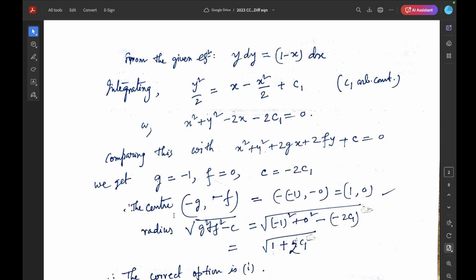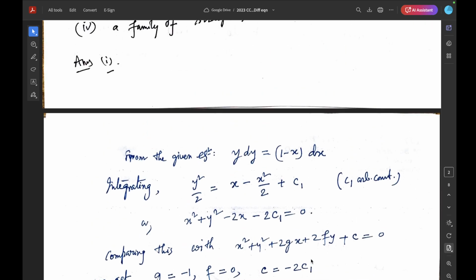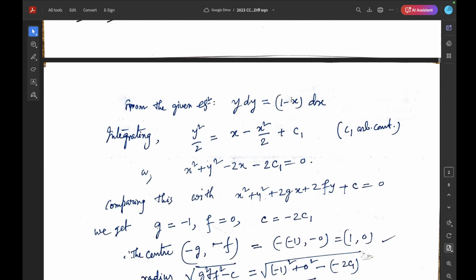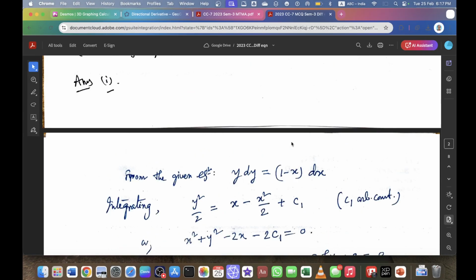The center of this circle is (-g, -f), so this is (1, 0). So (1, 0) is the center, and the radius is the square root of g² + f² - c, hence the square root of 1 + 2c1. Hence the correct option is 1: the family of circles centered at (1, 0). Option 1.